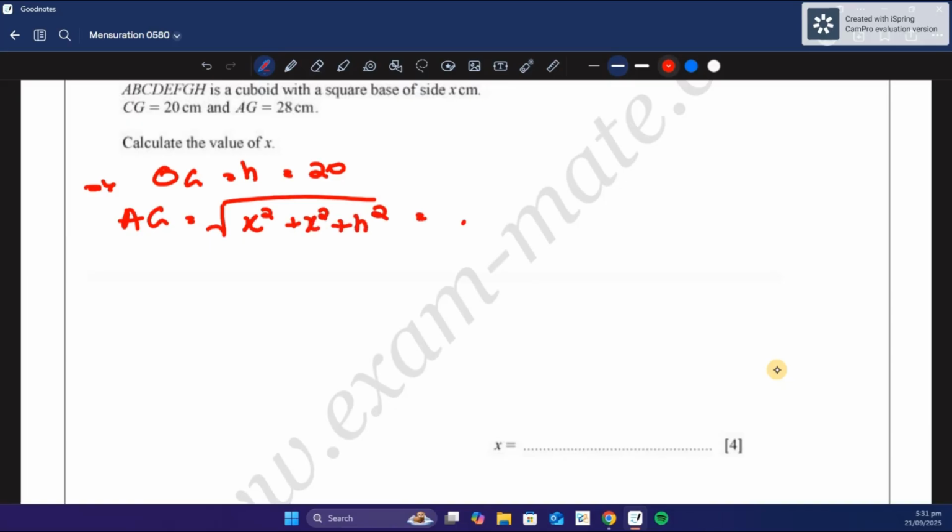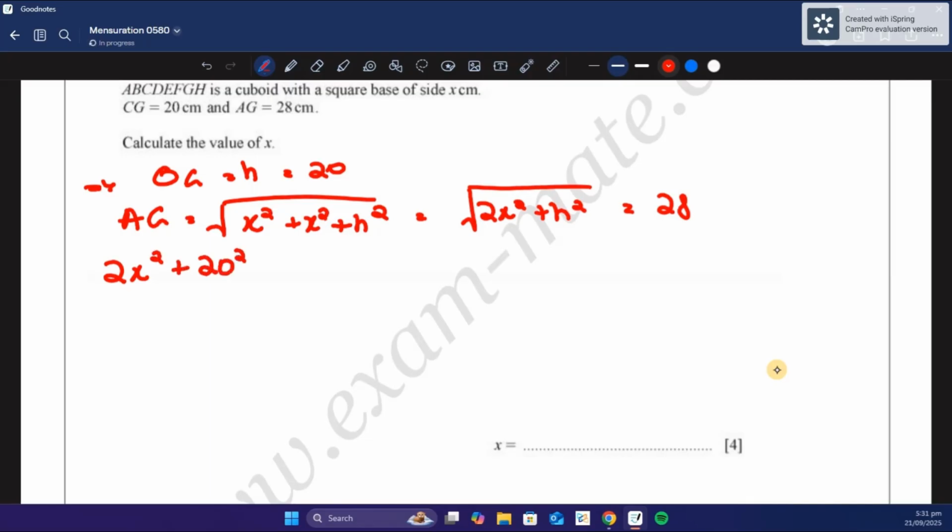That should give us 2x squared plus h squared, which would give us 28. Now we have the equation 2x squared plus 20 squared, which will be equal to 28 squared.